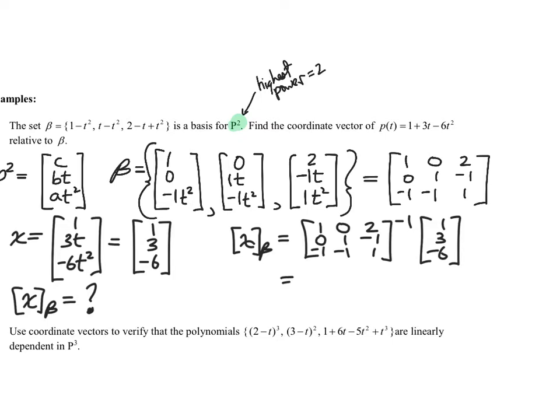Entering the matrix: 1, 0, 2; 0, 1, negative 1; negative 1, negative 1, positive 1. Double check. Looking good. The vector is 3 by 1: 1, 3, negative 6. That looks good. And the result is 3, 2, negative 1.